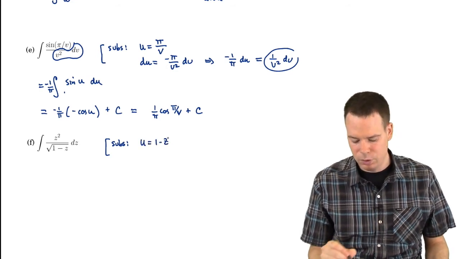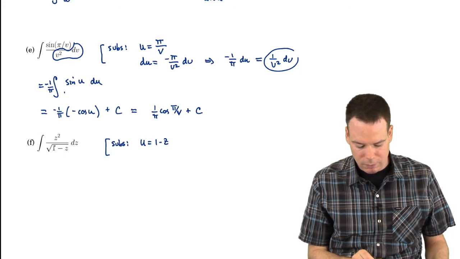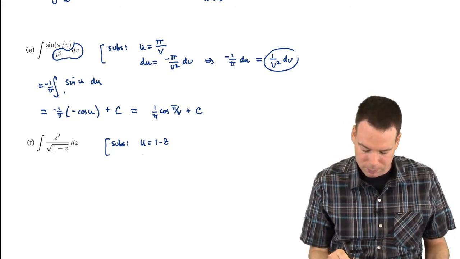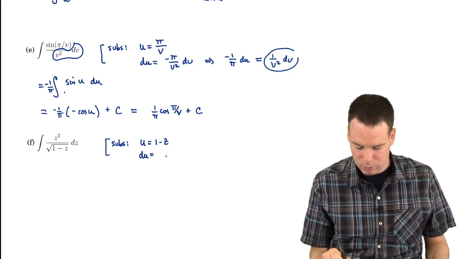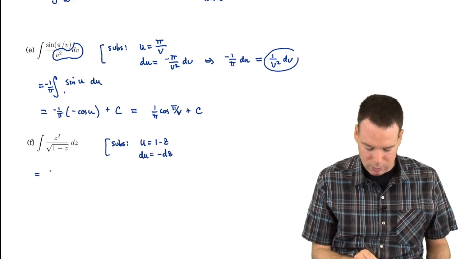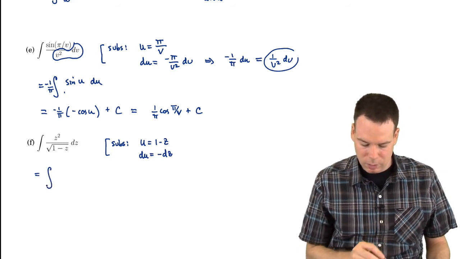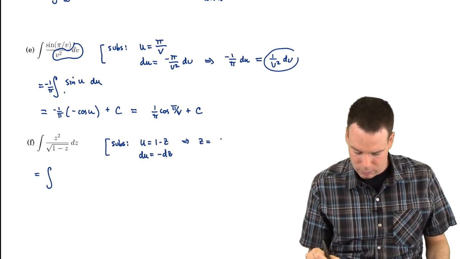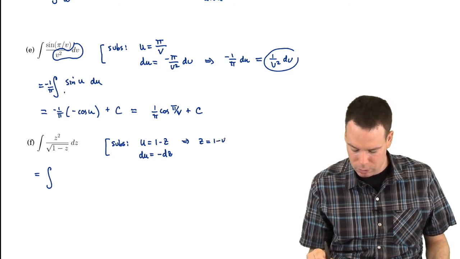I'm going to do that one just because it takes everything on the bottom and writes it as a single square root of a variable. So du is negative dz. So that means this expression then becomes z squared, well, z would be equal to 1 minus u.